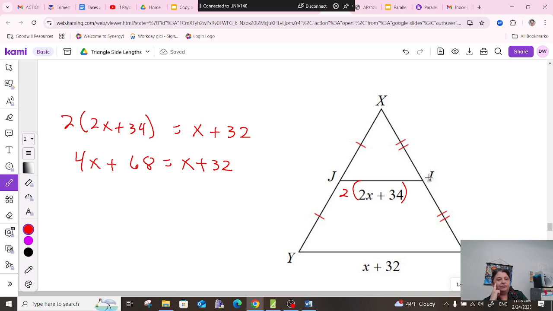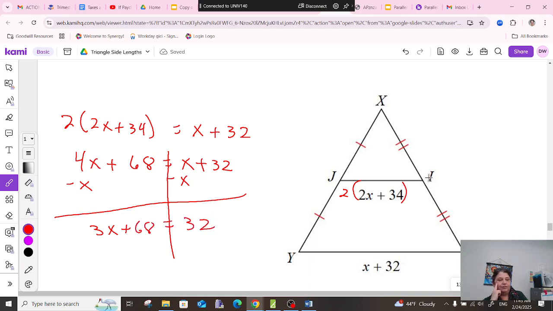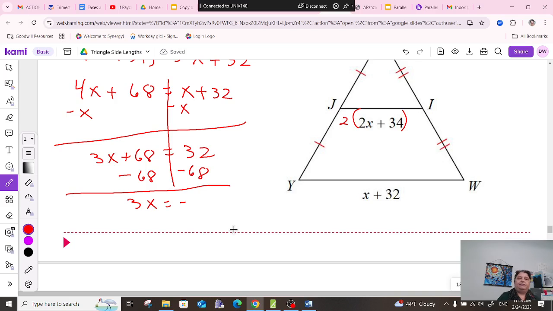I'm going to subtract x on each side. I get 3x plus 68 is equal to 32. I'm going to subtract 68. 3x is going to equal a negative, what, 36? So x is a negative 12.